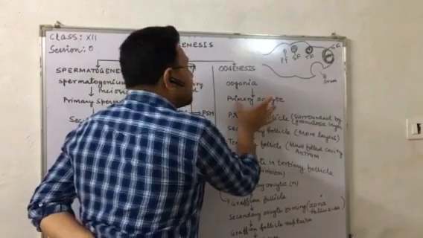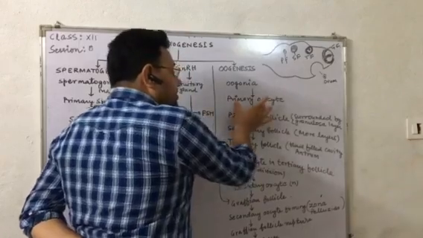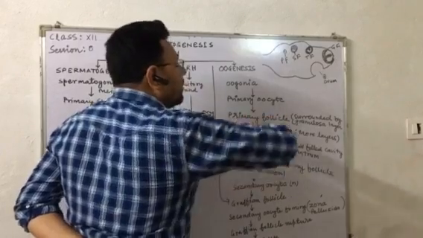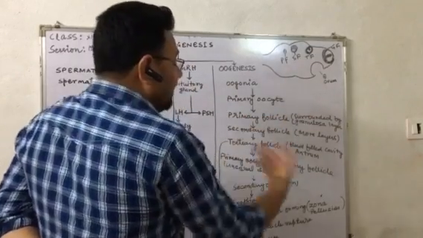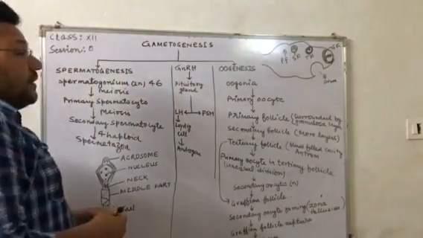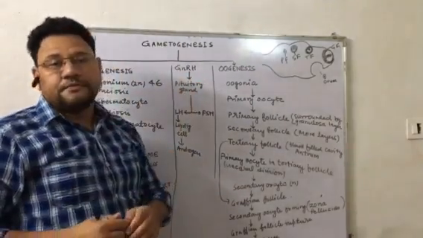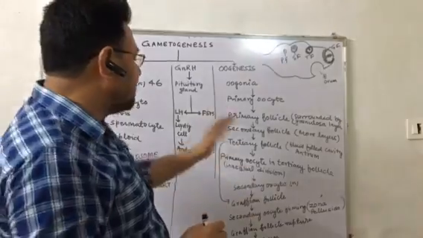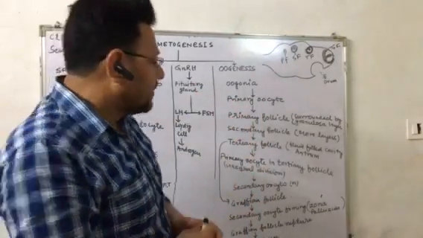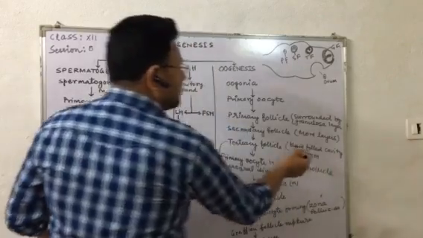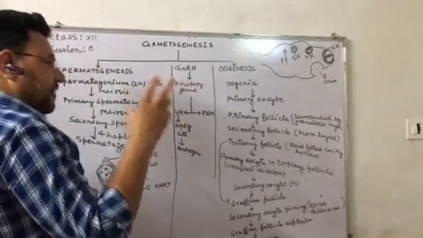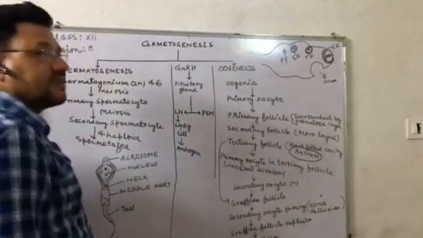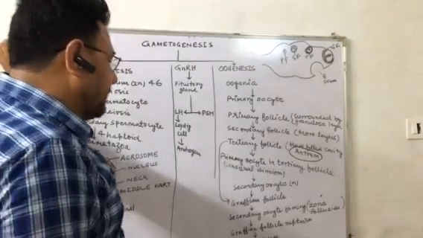The primary oocyte was surrounded by some layers, then changed into a primary follicle, more layers, then a secondary follicle, and then the tertiary follicle is formed. How can you recognize that this follicle is a tertiary follicle? There will be a fluid filled cavity, and the name of this cavity will be antrum.